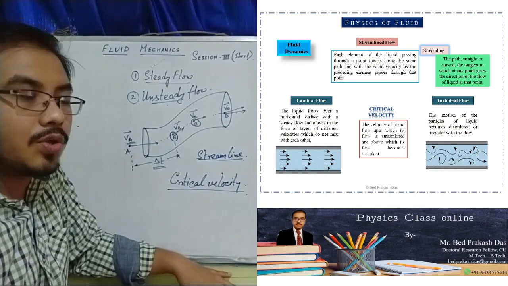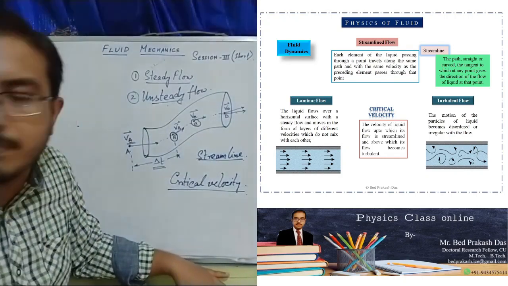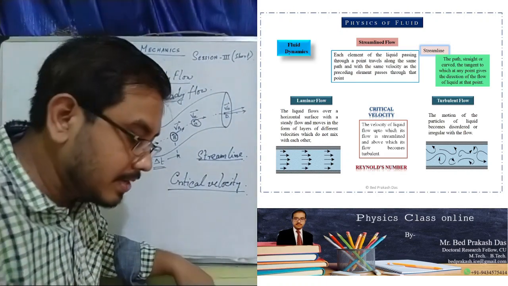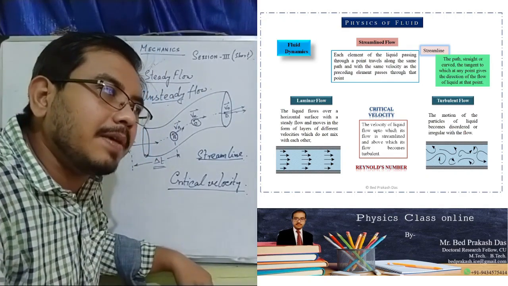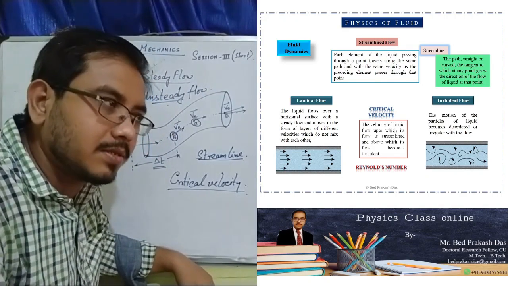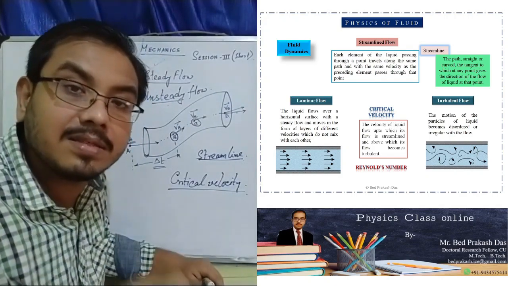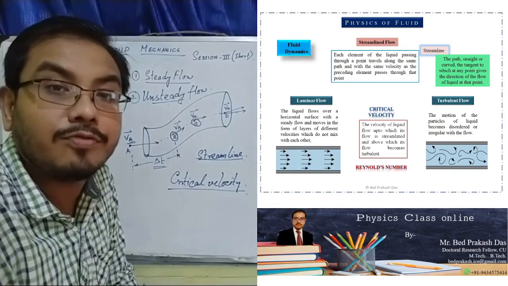Now, when we are discussing critical velocity, another term of our interest comes into play: the Reynolds number. It is a very important number, a ratio that characterizes the flowing nature of the fluid. I think you all know about viscosity.